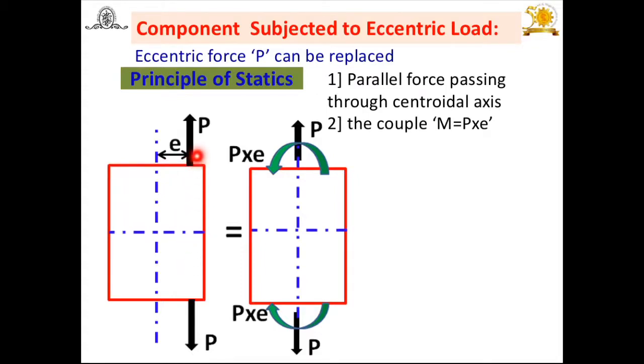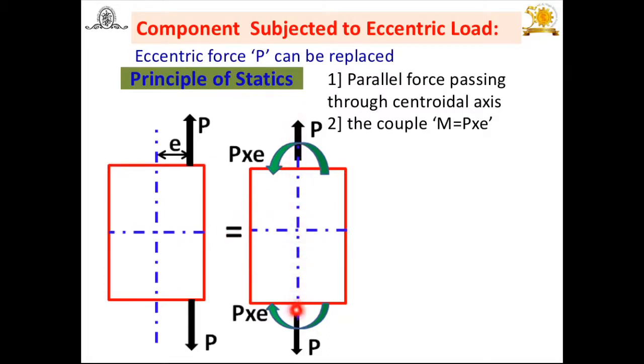For that purpose we have to use the principle of statics. According to this principle of statics, this eccentric force P can be replaced. How to replace? First of all, we have to pass this parallel force through the centroidal axis. So by replacing the force at a distance e, we locate its position, with the force passing through the centroidal axis. Look at this other figure.